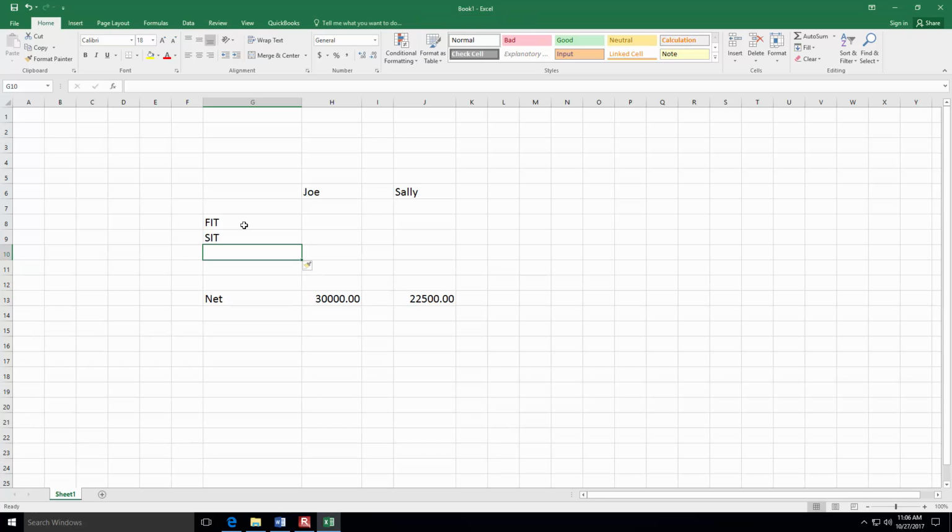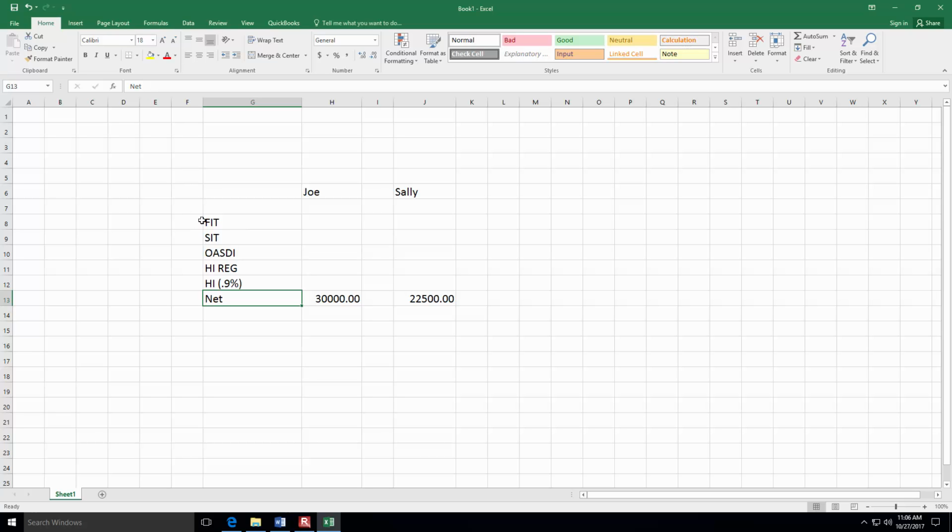I know they don't have SIT, but I just want to line out all the taxes so we think of them every time. OASDI, HI regular. Let's just do HI reg and then HI 0.9. And maybe we should just do that all the time so that prompts us every single time to ask the question, are they over 200?